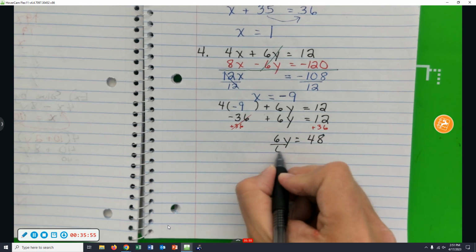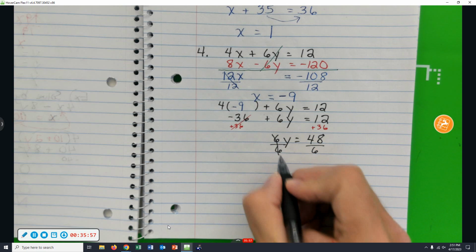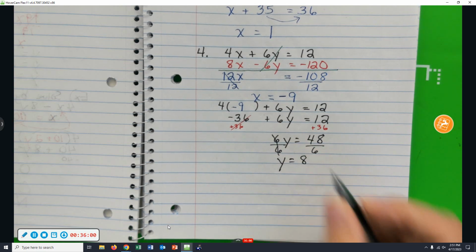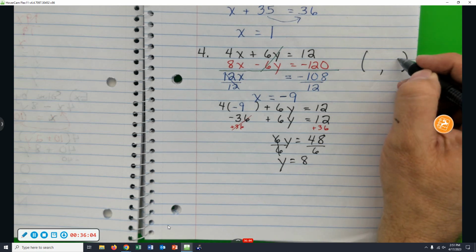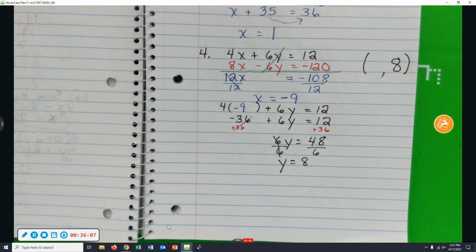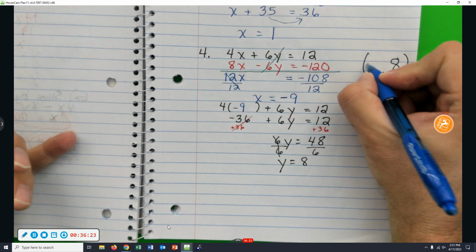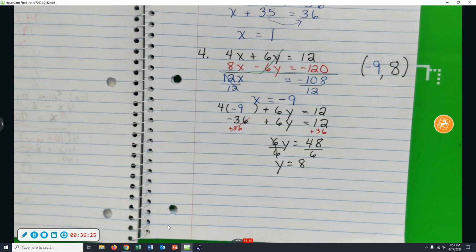Divide both sides by 6. And we get y equals 8. So the y value is 8. So negative 9, 8. Oh, wait. We've already found that, I was getting ready to plug that in. Oh, that was silly. Negative 9, 8. He's like, I'm ready to go.